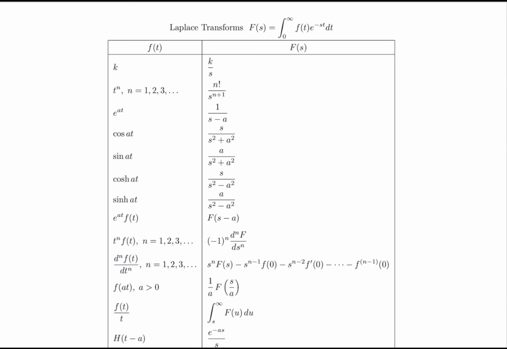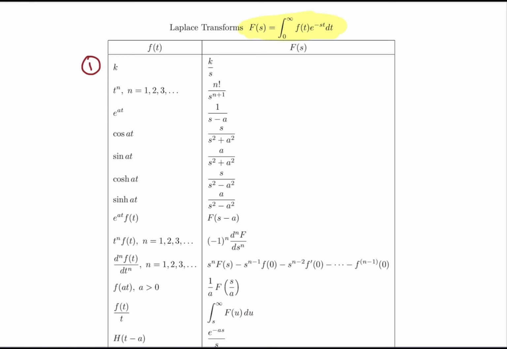We already did the Laplace transform of A before, and K is also a constant. This is the Laplace transform table. It will be given to you in the test, or in the final. We already calculated for K. The Laplace transform of K is K over s.